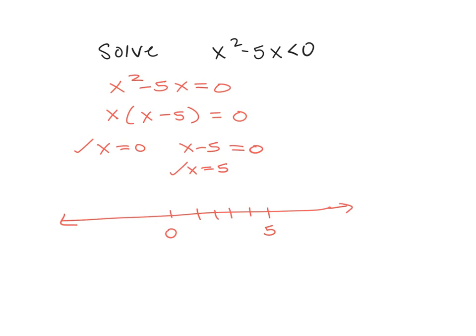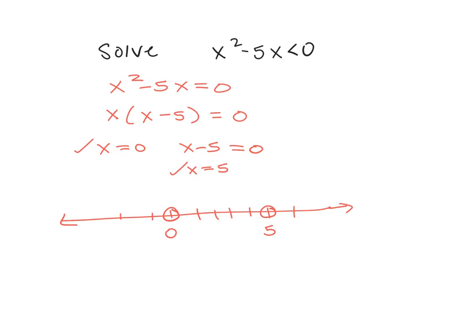So now that I can see them, I want to mark them with either an open circle or a closed circle. And the idea is, do these values make this statement true or not? And if I plug in 0, I get 0 is less than 0, which is not true. So that means that it is not included in our solution set.